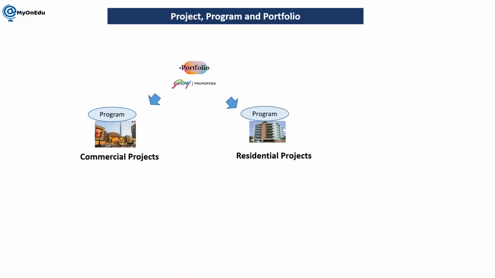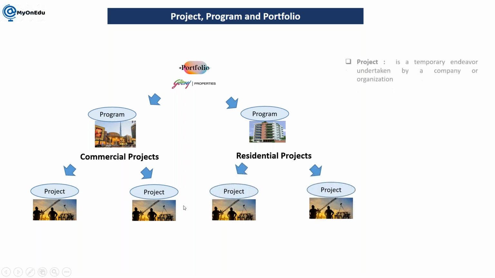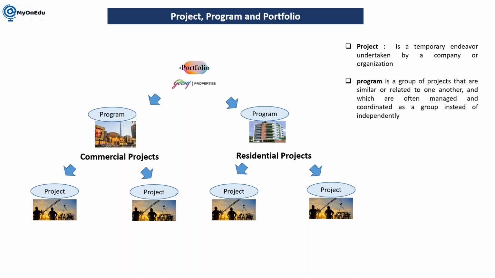Let's say there is one organization called Godrej Properties, and it has a commercial project and a residential project, and the commercial projects again will have different projects. A project is basically a temporary endeavor undertaken by a company or organization, and a program is a group of projects that are similar or related to one another and which are often managed and coordinated as a group instead of independently.